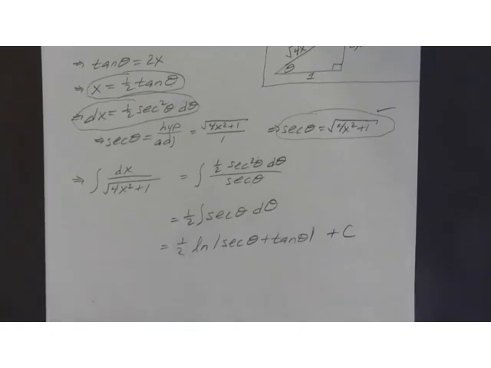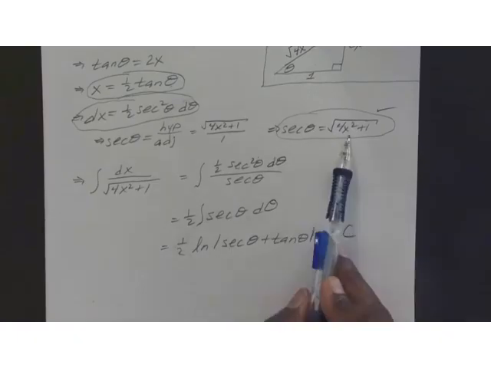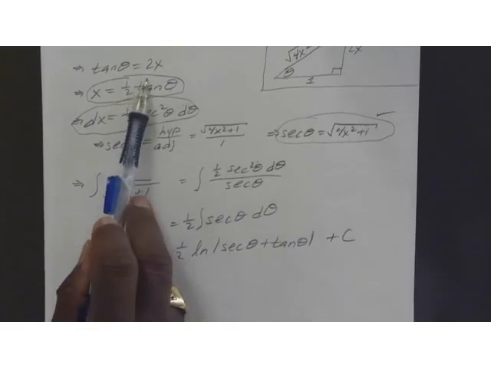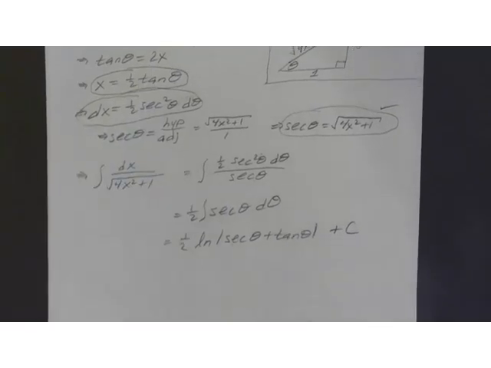Okay. So now we can use our triangle to convert secant of theta. Well, we don't have to do it for secant of theta because we already have it. And we convert our tangent of theta, but we already did it since we have 2x.